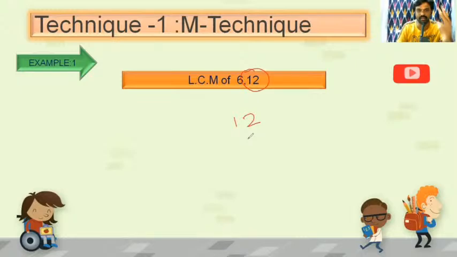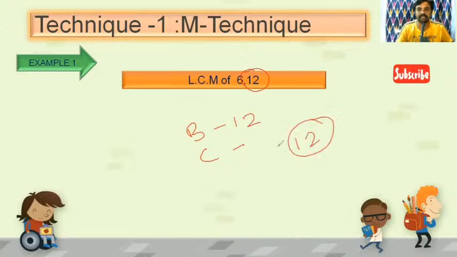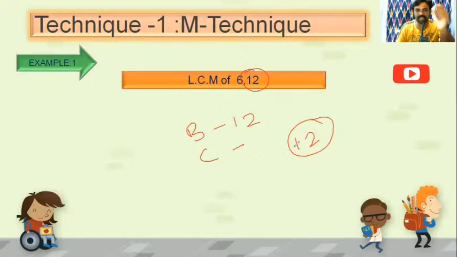Two steps complete: first the biggest number, and second, the answer is the biggest number. That's why the answer for this problem is 12. Got the point? As there are only two numbers, easily we have found the LCM of 6, 12.